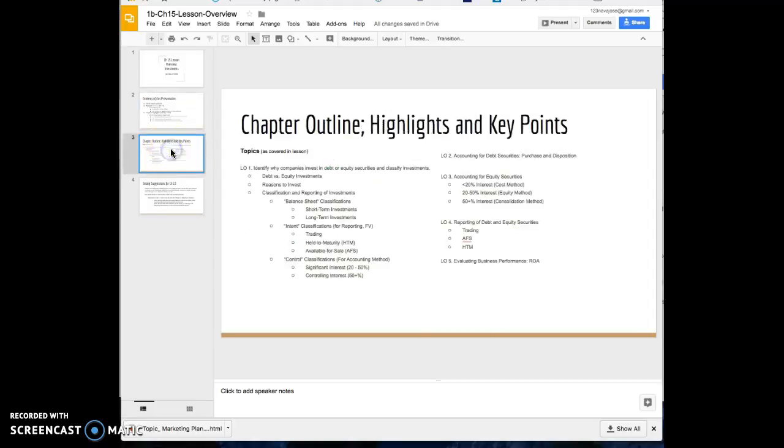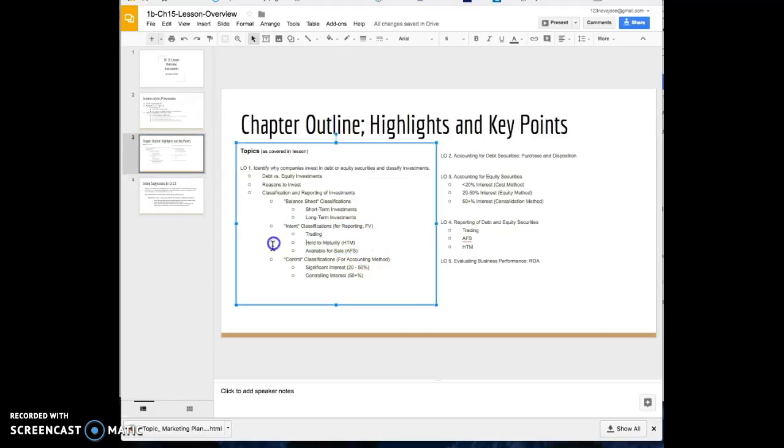A little more detail on these learning objectives. As you can see, I think a good portion of your time will be spent understanding the terms, what they mean by certain classifications. For example, you see there under the second bullet, classifications, and that deals with how to report an investment.